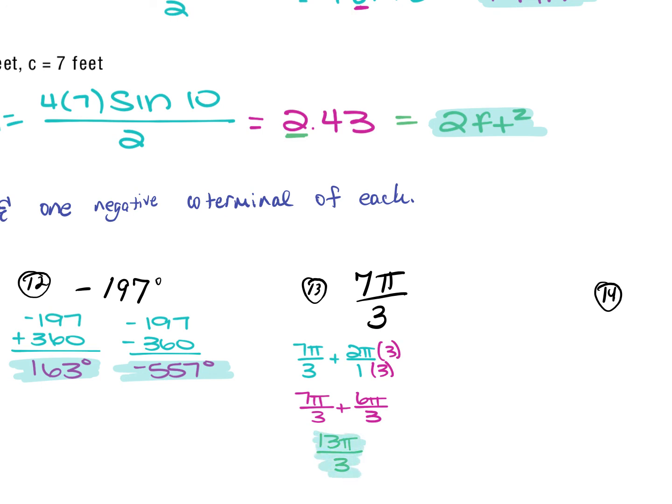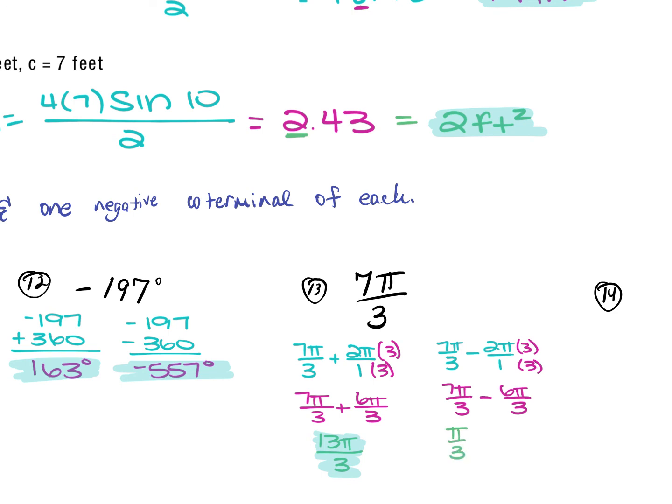So next, find your negative. Take the 7 pi over 3, subtract 2 pi from it. We said we multiply top and bottom by 3. So this is the same thing as 7 pi over 3 minus 6 pi over 3. This only gives you pi over 3, which is not a negative radian.